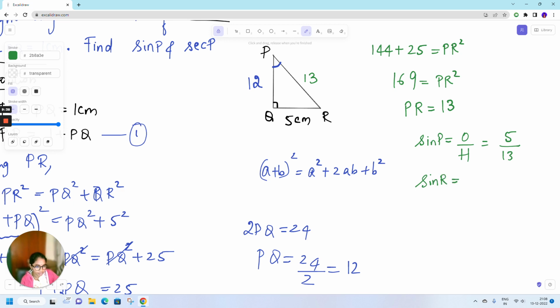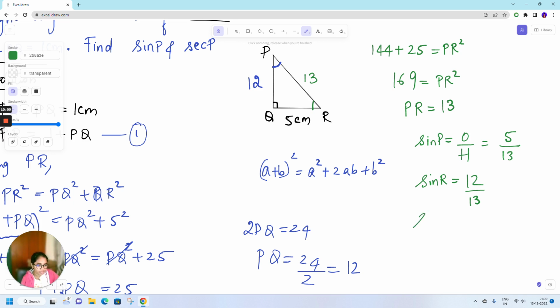This means the angle is at R. So, if the angle is at R, the opposite side is PQ, that is 12, divided by the hypotenuse, which remains the same no matter where the angle is.